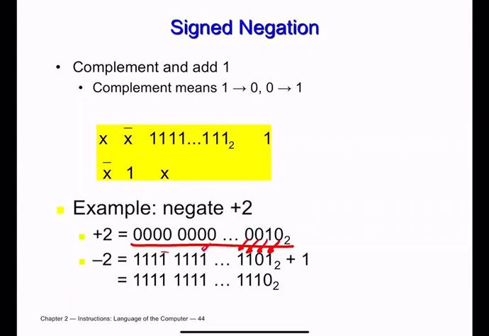After that, I need to add 1. 1 plus 1 is what? 1 plus 1 is 2, and we write 2 as 1, 0. So we put the 0, and this 1 will be carried here. Then 1 plus 0 is 1, and then 1, 1, 1, and so on. And then you can write the 2's complement like that.